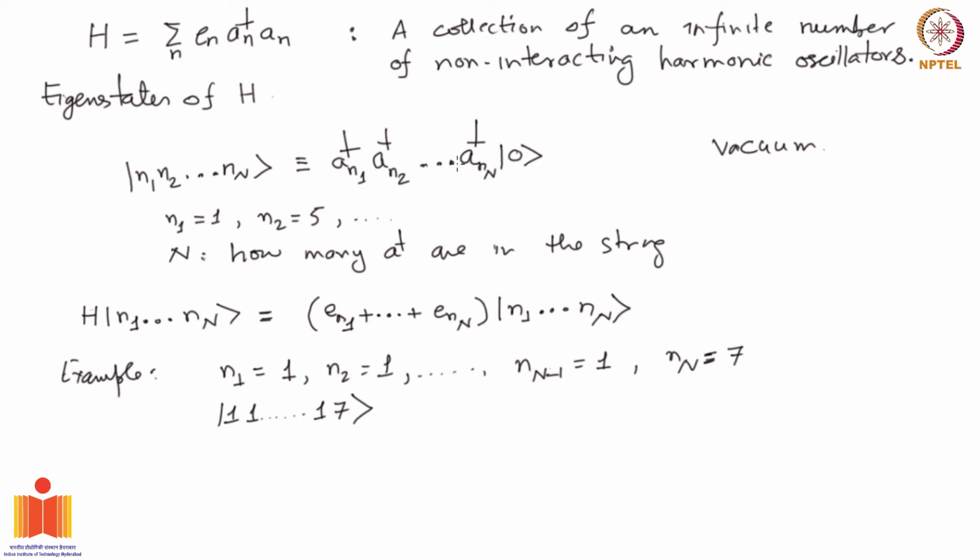And if you have such a system, then of course the energy of this system, using the formula above, you can find. I have already written capital N minus 1, so this will be capital N minus 1 times E1 plus E7.